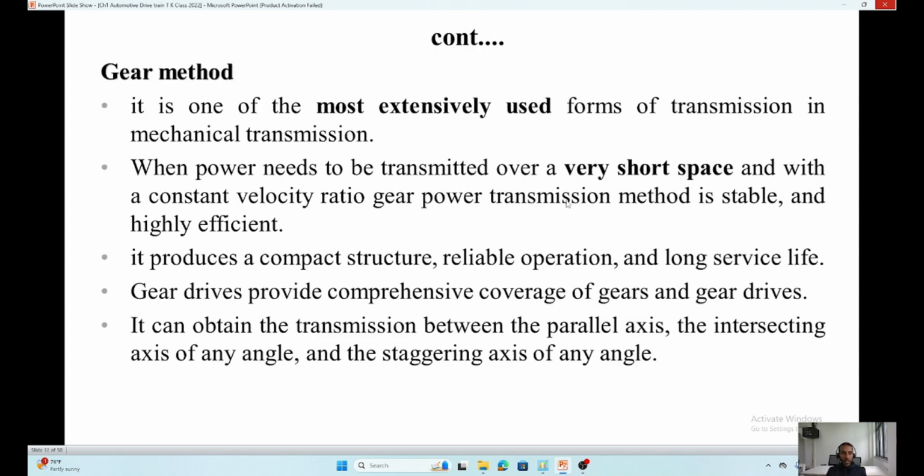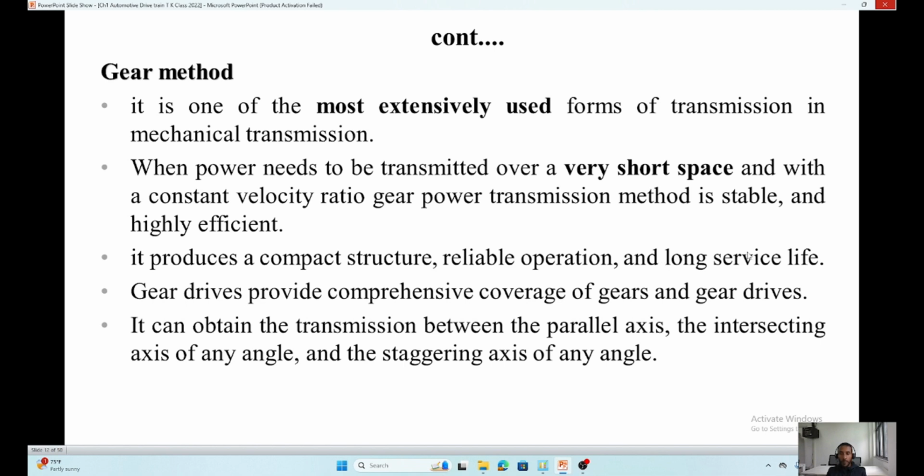The next power transmission mechanism is the gear method. Gear is one of the most extensively used forms of transmission in mechanical power transmission. We use gears when power needs to be transmitted over a very short space and when we need a constant velocity ratio.